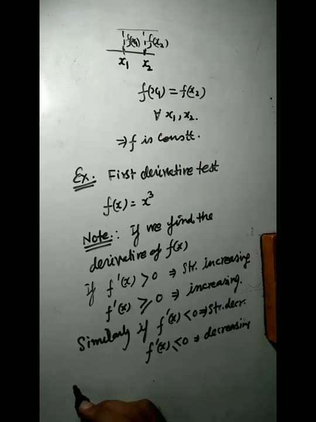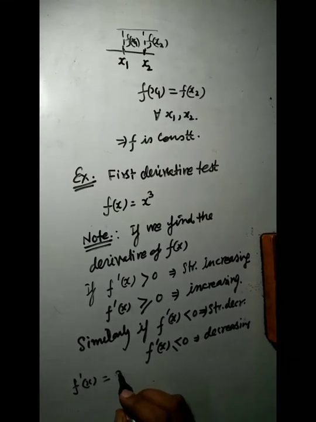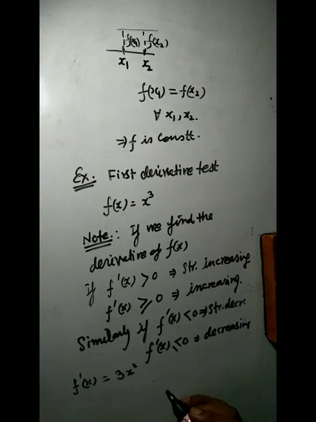So here we see that f dash x equals 3x square.